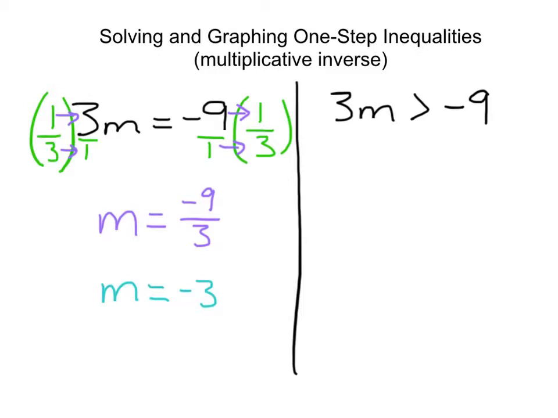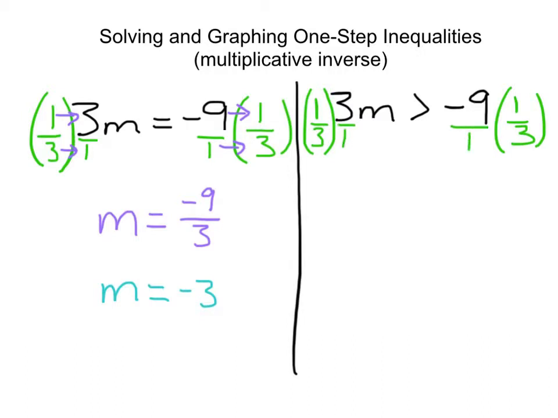Just like in our previous problem, we still need to isolate the variable because that's the goal of solving inequalities and equations. To isolate the variable, I'm going to multiply both sides of the inequality, just like I did with the equation, by the reciprocal of the coefficient of m.